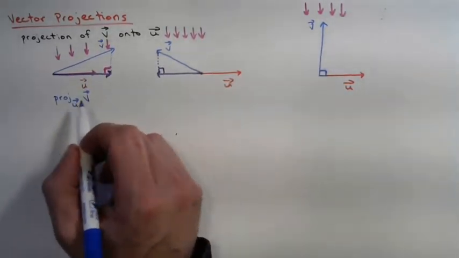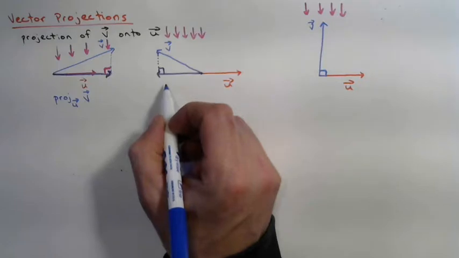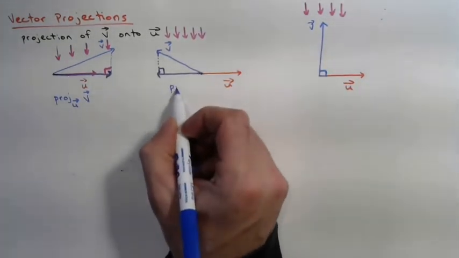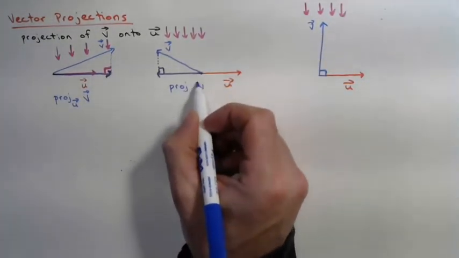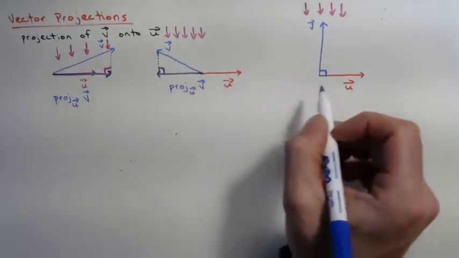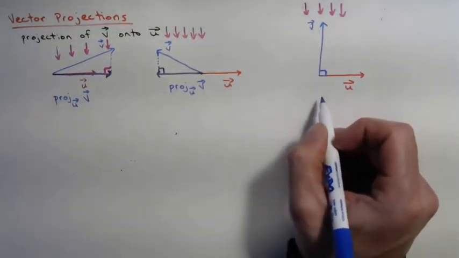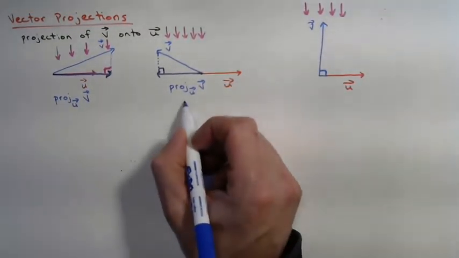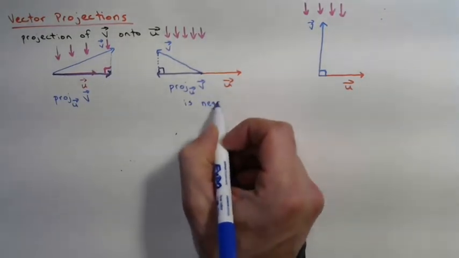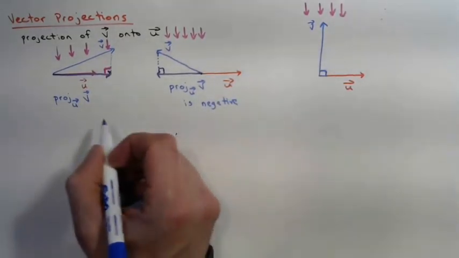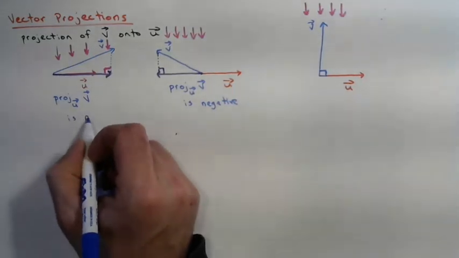Same thing here. This purple guy is the projection of v onto u, and in this case, by the way, it would be negative. Here is positive.